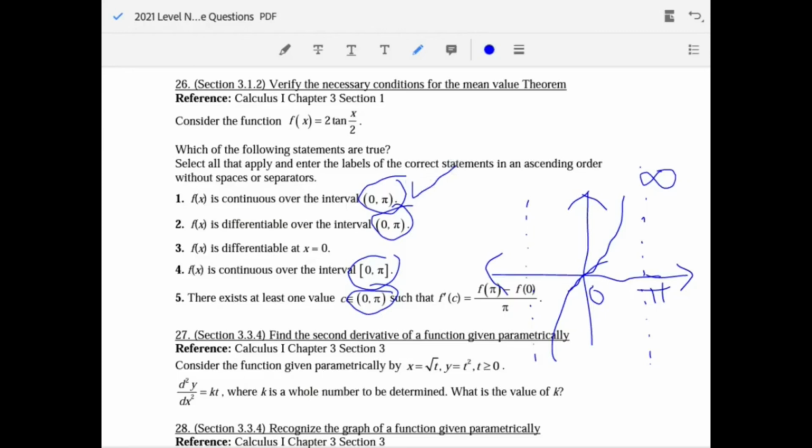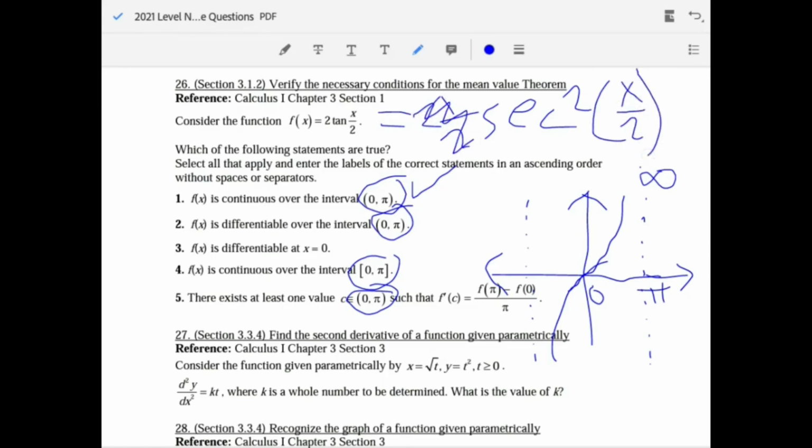Is it differentiable over the interval? Well, to do that, you'd have to physically calculate the derivative. So it'll be secant squared of x over 2, times half, times 2, so that cancels, giving secant squared x over 2.